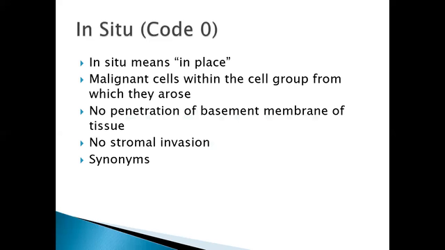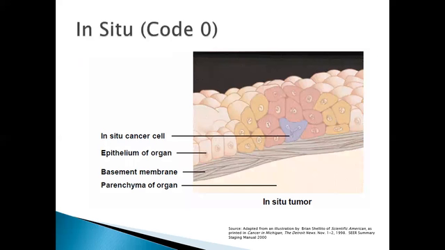So many different things can mean no penetration below the basement membrane. Here's an illustration of what in situ looks like. There's the cancer cell in the bluish purplish color, and it's just sitting there. It hasn't invaded that basement membrane yet.